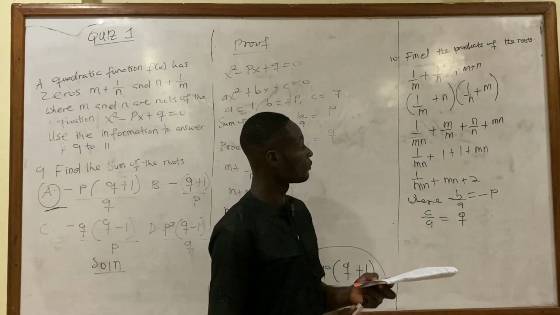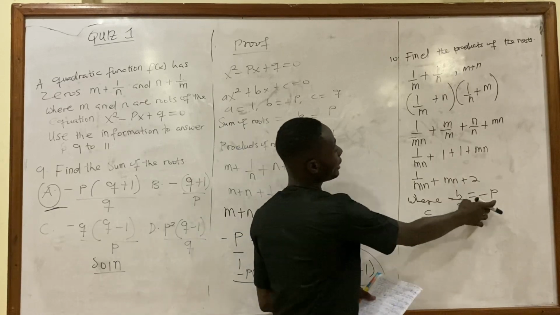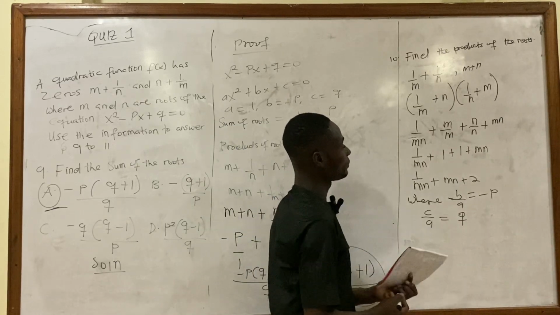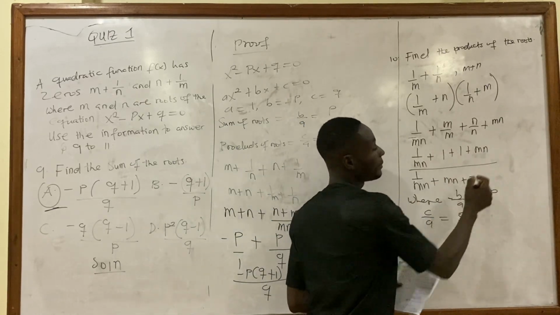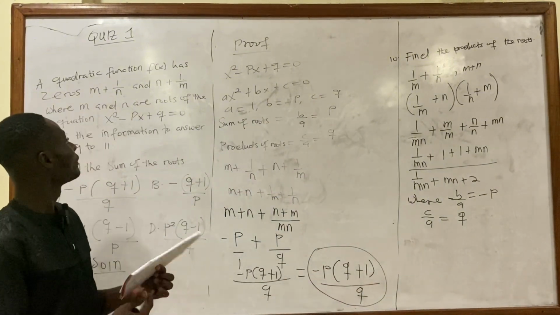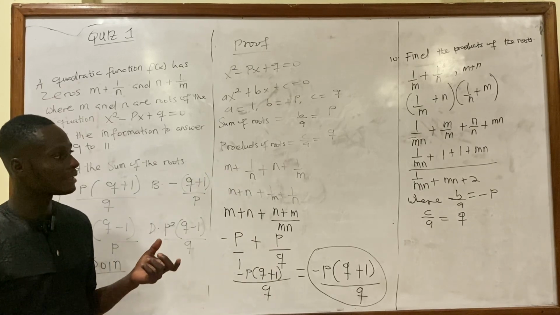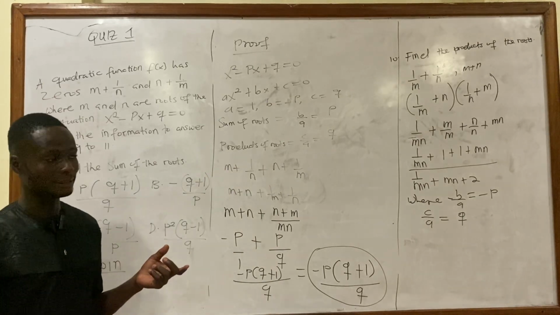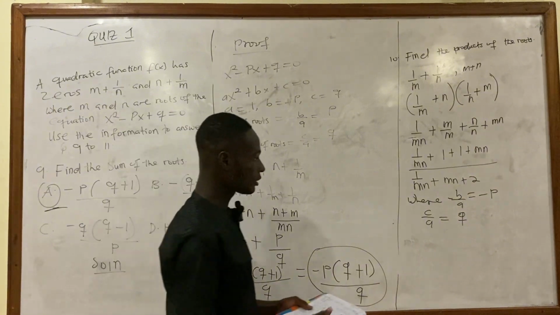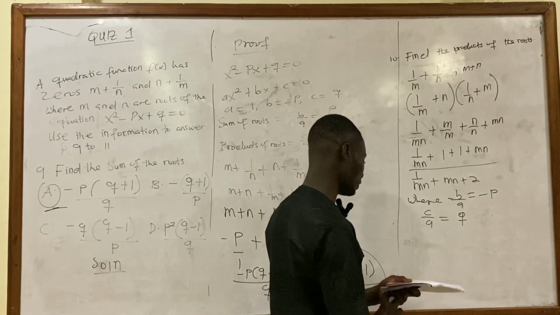From there we can put them into the expression obtained. This is the product. I already told you that if they give you a question like this, you can get the product of roots inside, you can get the sum of roots inside. That is what basically we are doing here.